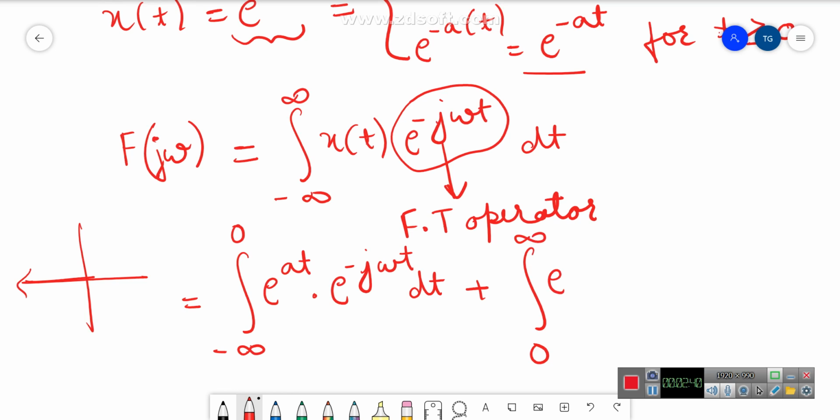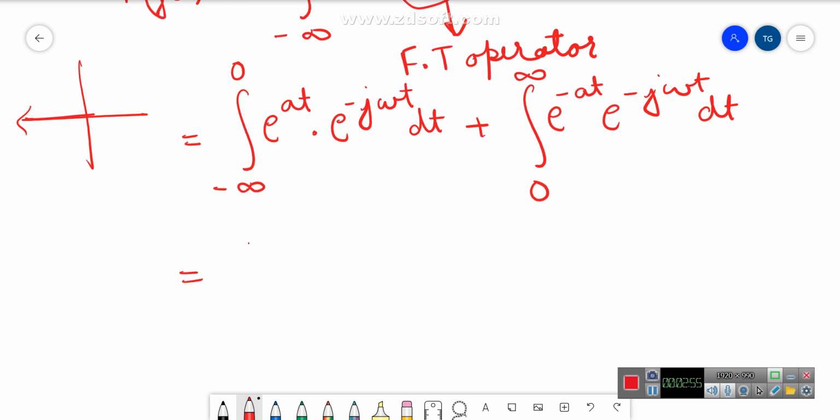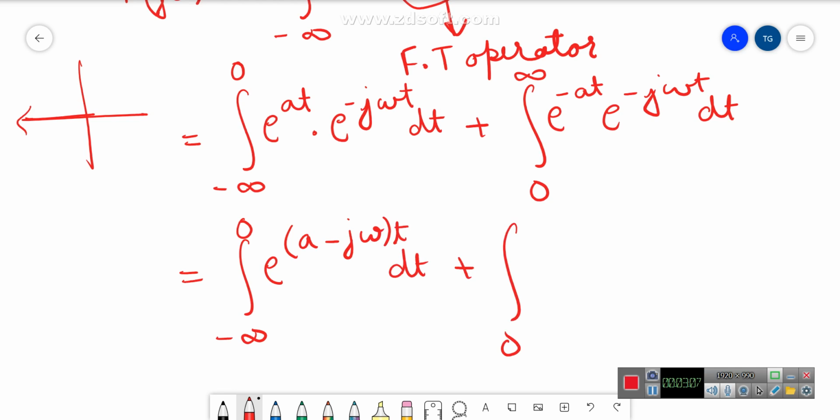Here we can write the x of t value as e to the power minus a t, that we have calculated here, into e to the power minus j omega t into dt. Now we can take t common: integration of e to the power a minus j omega into t dt, plus the integral from 0 to infinity of e to the power minus, taking common, a plus j omega into t dt.